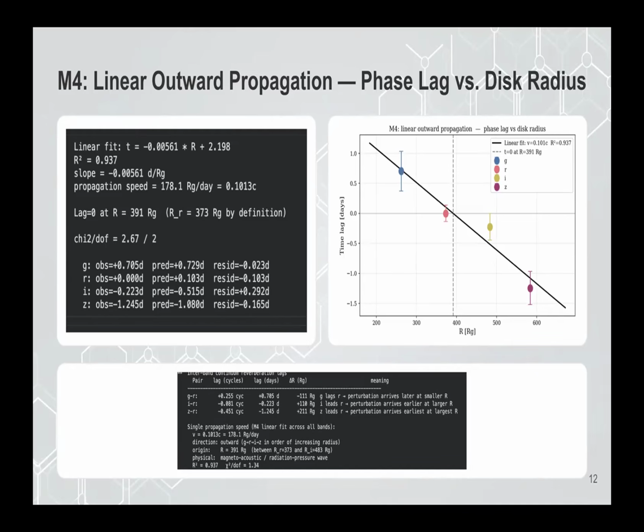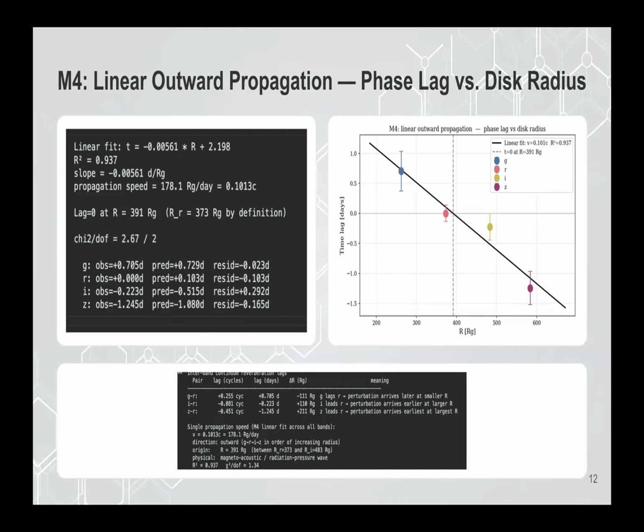From this fit, we inferred the slope, giving us a possible velocity of propagation of the signal of about 10% of the speed of light, and the point zero is about 391 gravitational radii from that fitting.